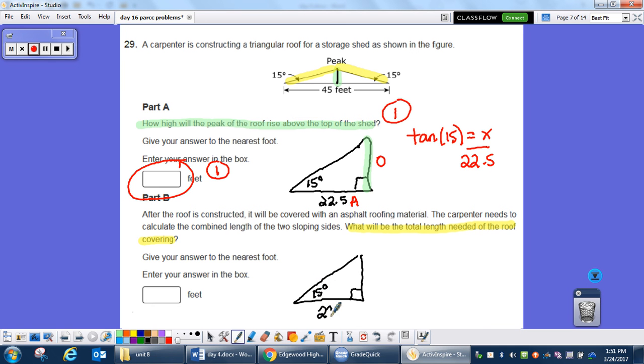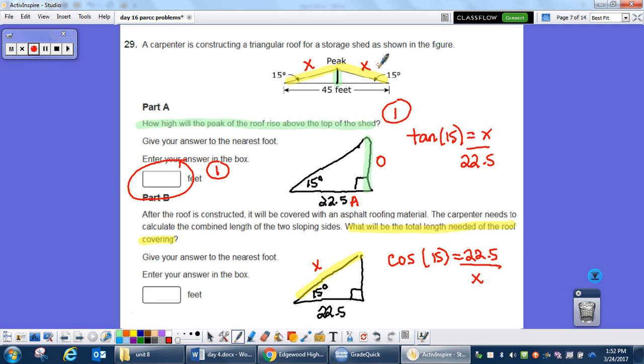So in this case, we're going to be calculating the hypotenuse. So we have adjacent over hypotenuse, which is going to be cosine of 15 equals 22.5 over x. So you're going to get an x, but you need to remember that there are two x's.